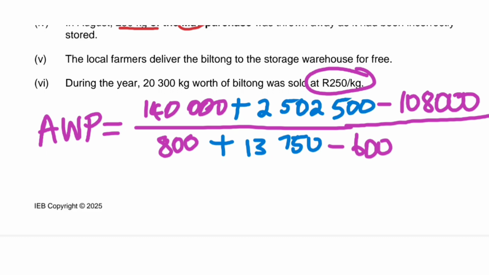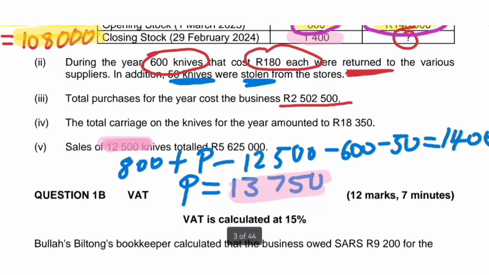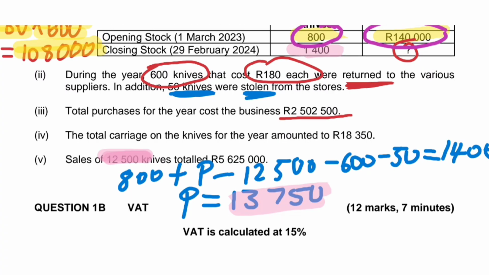Before you get tempted to work out what the weighted average price is, we must first take into account the carriage on purchases. Carriage is the cost that we incur to bring the inventory to its present location. Think alongside transportation costs. And we know that when we have the transportation cost, we add them to the cost of the goods.